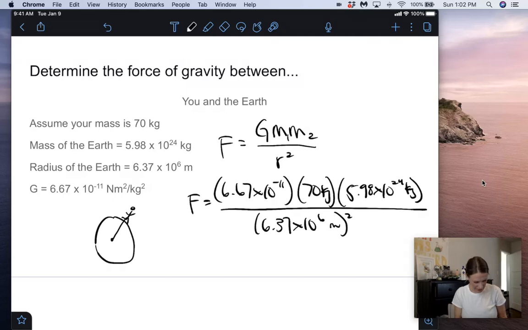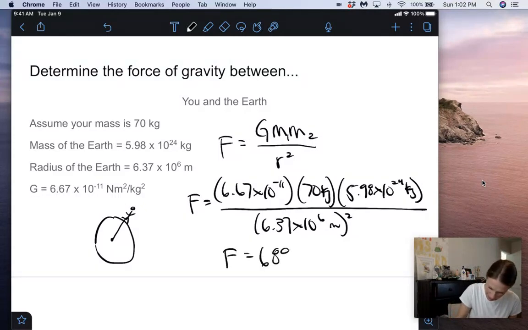So we get 6.67 times 10 to the negative 11th times 70 times 5.98 times 10 to the 24th. The whole top, the numerator, I got 2.792 times 10 to the 16th, and I'm going to divide by 6.37 times 10 to the 6, squaring that. And I end up getting a force of 688.09. So about 688 newtons.